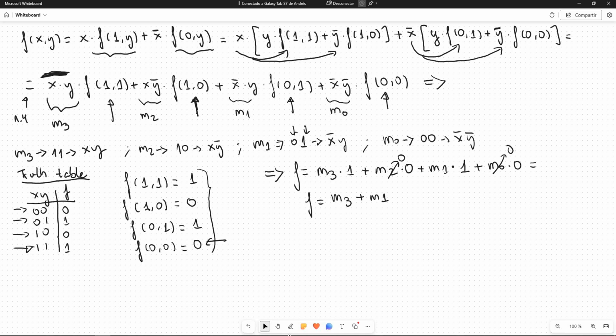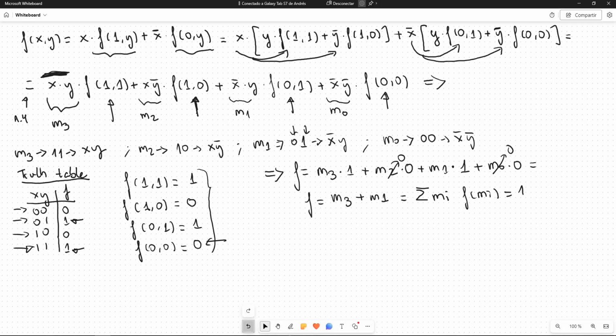So we can reach a conclusion here. What is the conclusion here? The min term 3 and the min term 1 are those min terms that make the function be 1. So the function is the sum of the min terms whose value is 1.